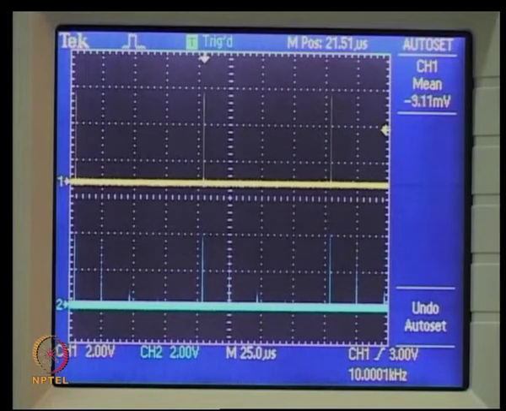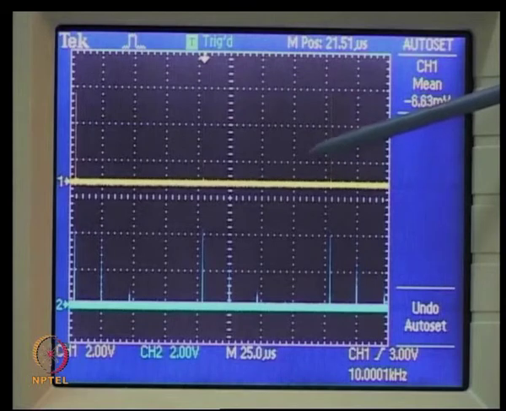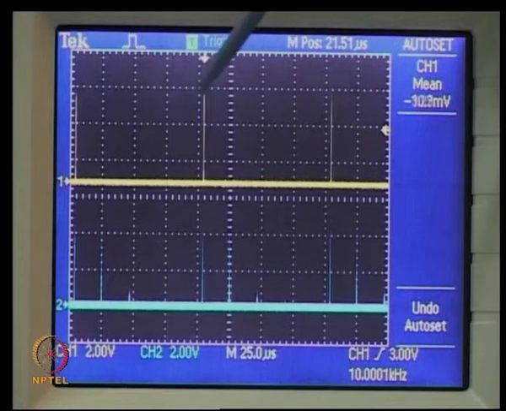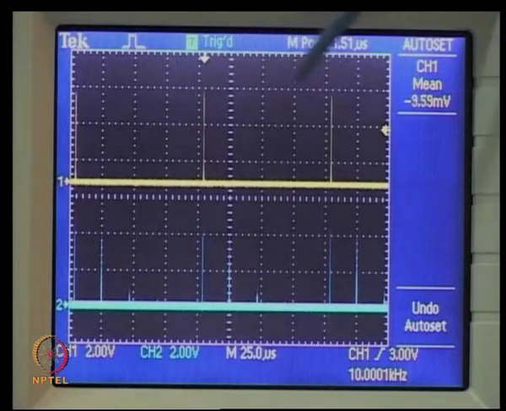This is the output of the photo receiver. Channel 1, that is the yellow line, is the transmitted data, and channel 2 is the received data. Here you can see that there are distinct peaks which correspond to the data rate which we had set.